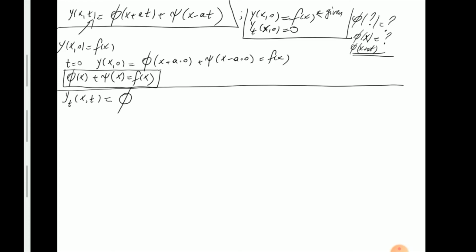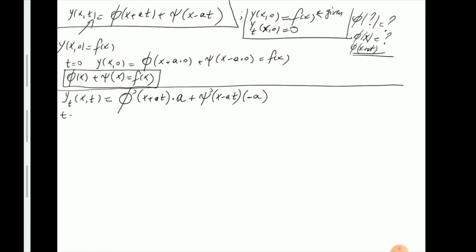So phi prime of whatever is inside times the derivative of the inside with respect to t, which is a, plus psi prime of x minus at, following up with the chain rule, the derivative with respect to t of the inside, which is minus a.